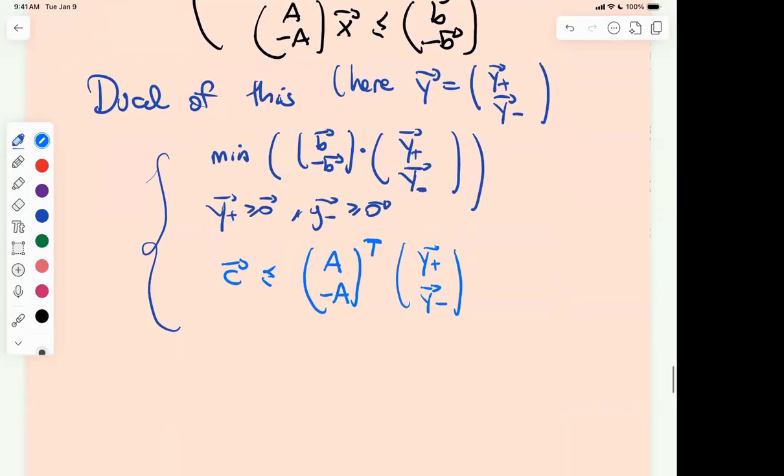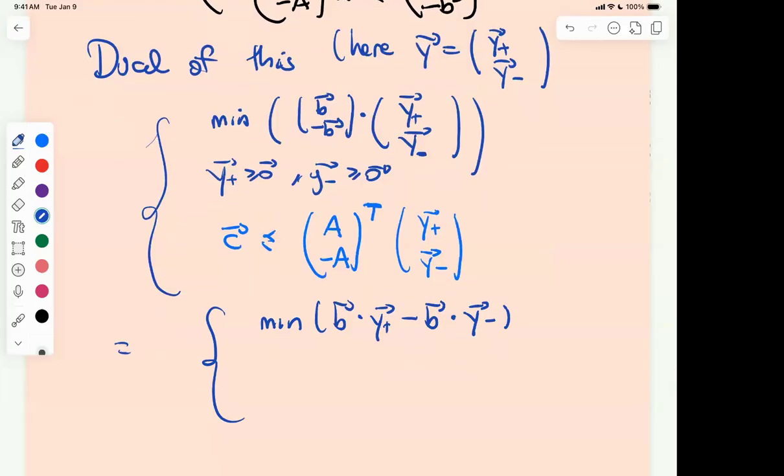And let's simplify this a little bit because it looks too messy. So what is this equal to? This is equal to a min of the dot product: b dot y plus minus b dot y minus. Actually, let me call this vector y.